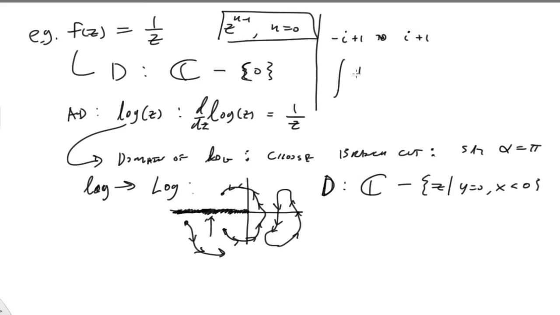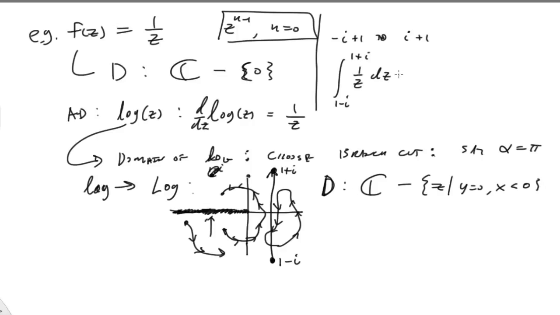This is going to be the integral of 1 over z dz from 1 minus I to 1 plus I. That's the point right here, 1 minus I, right down here. I'm going to take that point and go up to 1 plus I.